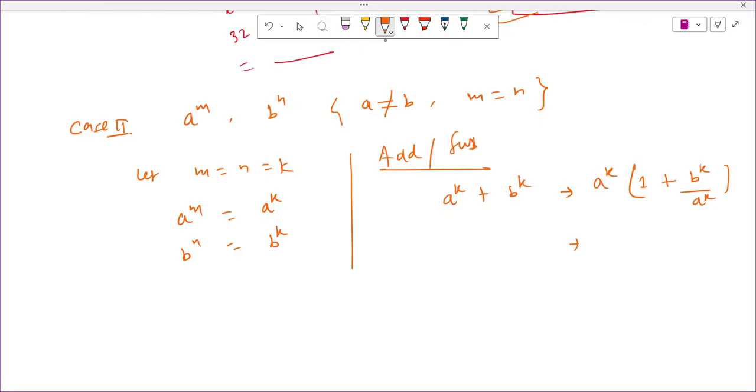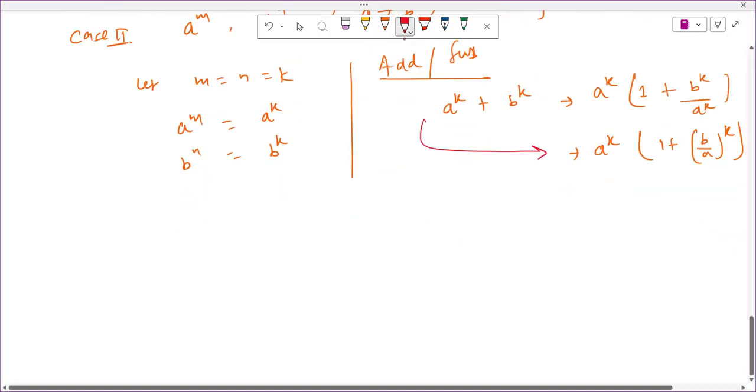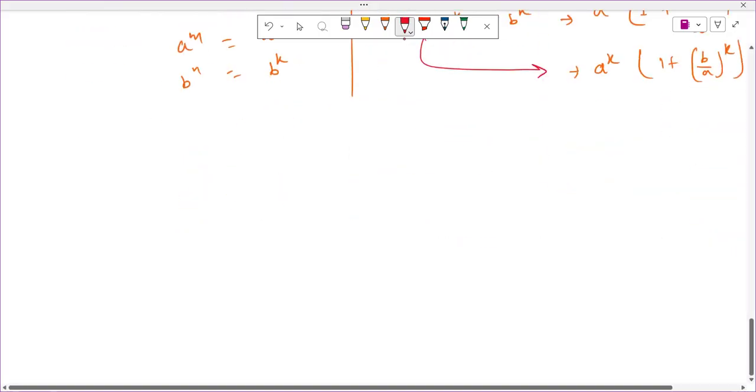Or you can proceed with something like a to the power k into 1 plus (b by a) to the power k. This thing we will discuss in division, how we come to this. So in addition you can do only this step.